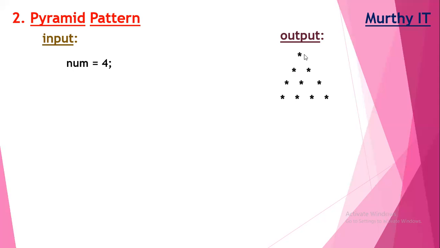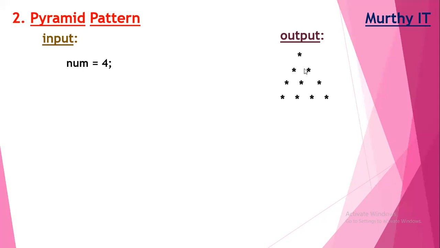After printing the star, we need not worry about it. But before printing the star, we need to think about how many spaces to print. After every star, we need to print one space.